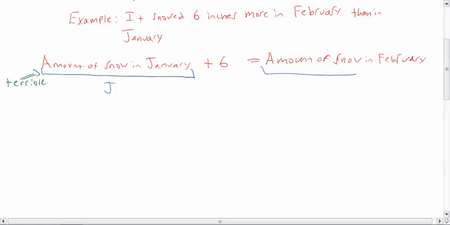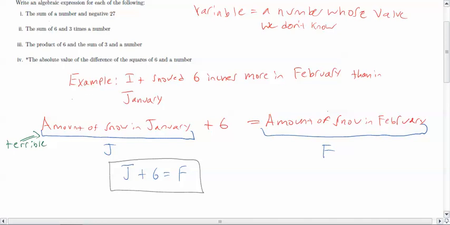And this we can represent by F, for February. So now we can rewrite this terrible thing as J plus 6 equals F. And this is really pretty. It's short, it's easy to read, and it still tells us the information in this sentence.